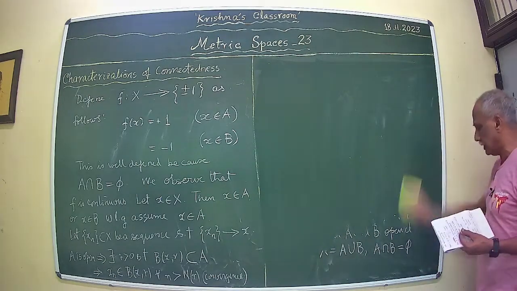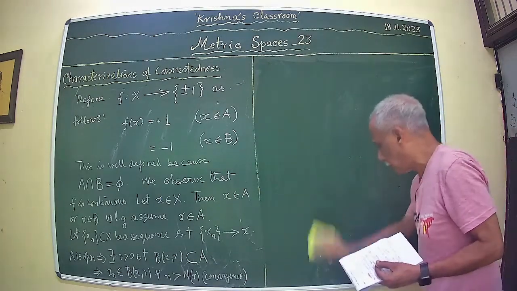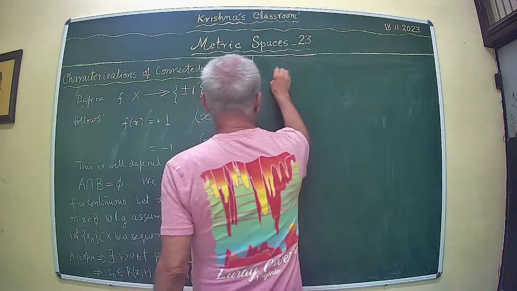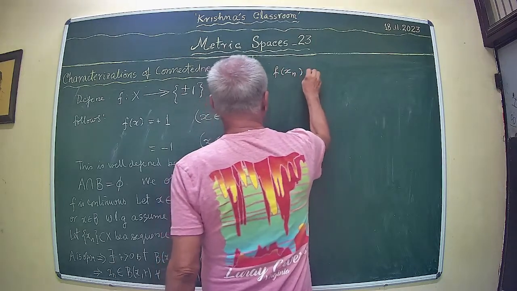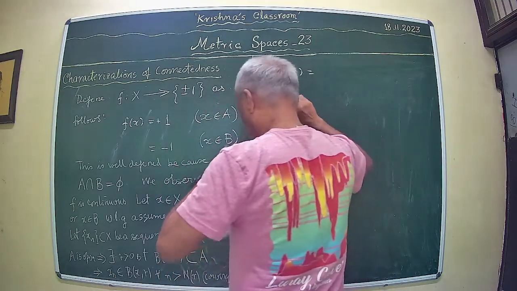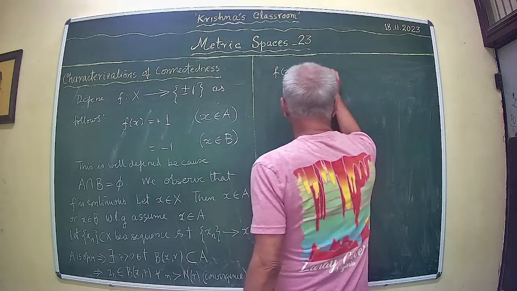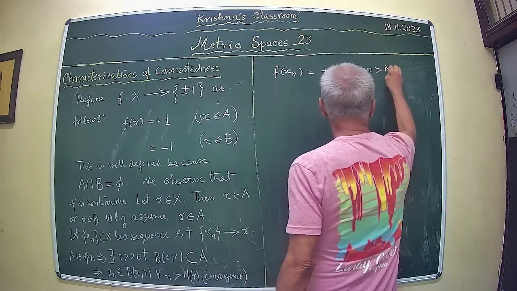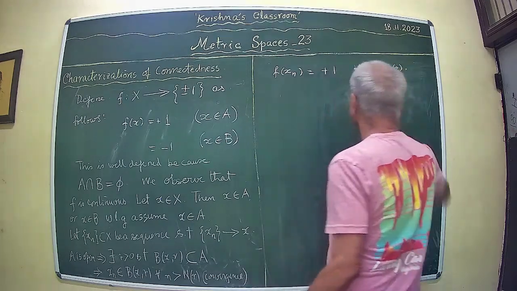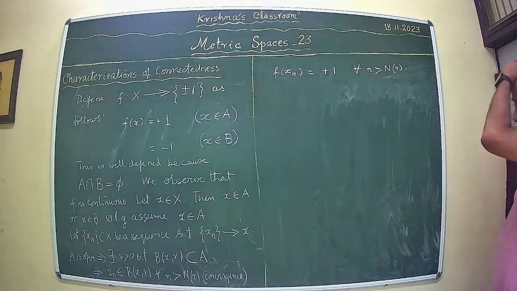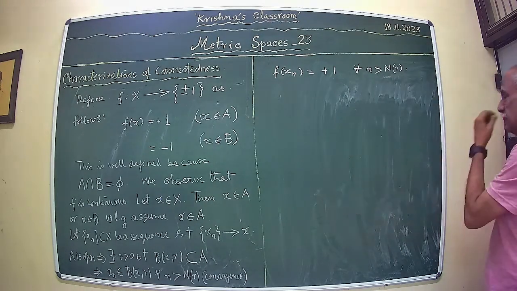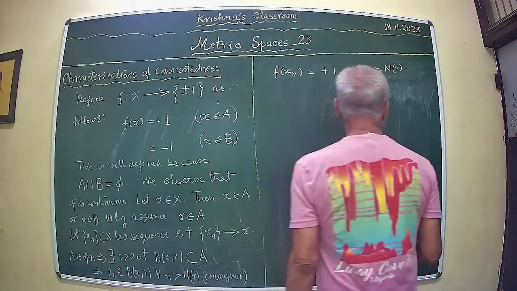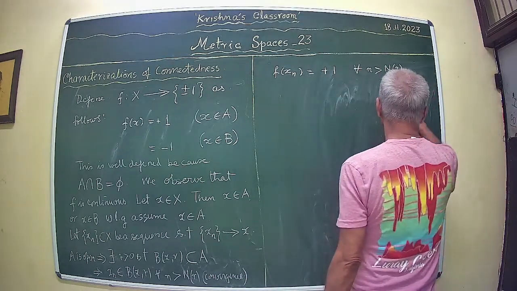At least we can say that f of xn is equal to plus 1 for every n greater than n_r, because B(x, r) is a subset of A. See, this is the situation.